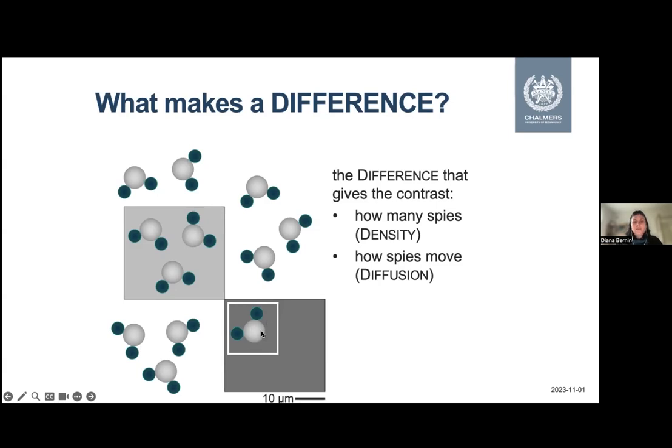So here the motion, the transport, the diffusion is hindered or maybe even completely restricted. So another contrast in an MRI image might be diffusion, the mass transport. So then it wouldn't be the amount, but it would be how fast or how far molecules can travel. And this would be called diffusion-weighted imaging, for example.